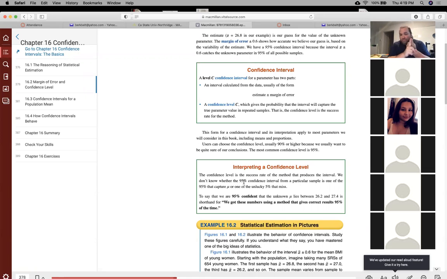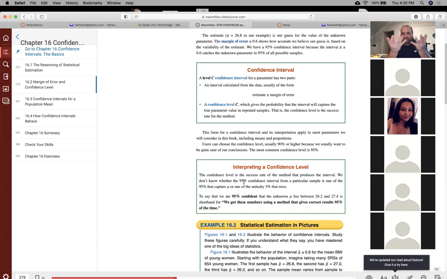So one is the confidence level. That dictates how wide the interval is going to be. The second is your sample size. The larger the sample size, the more confident you are in your answer, the tighter it's going to be. So a larger sample size will make the interval smaller, all else being equal. The third is the actual standard deviation of the population.